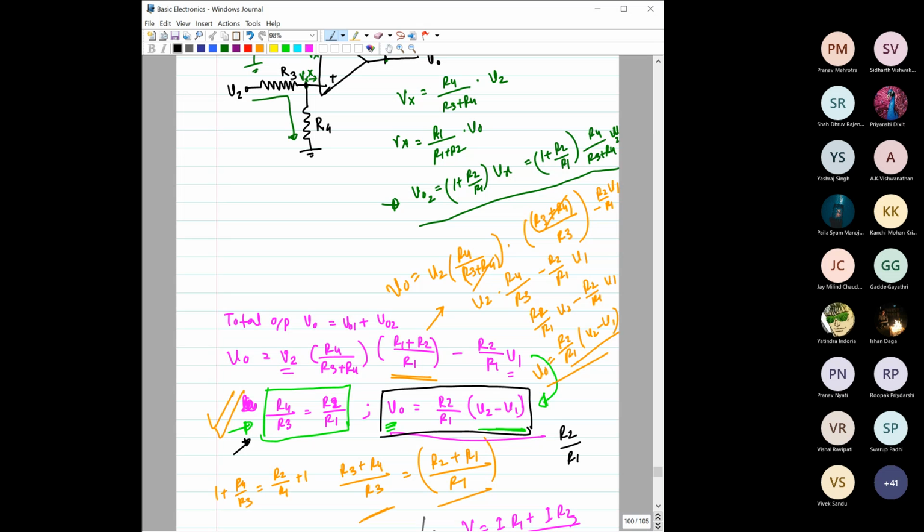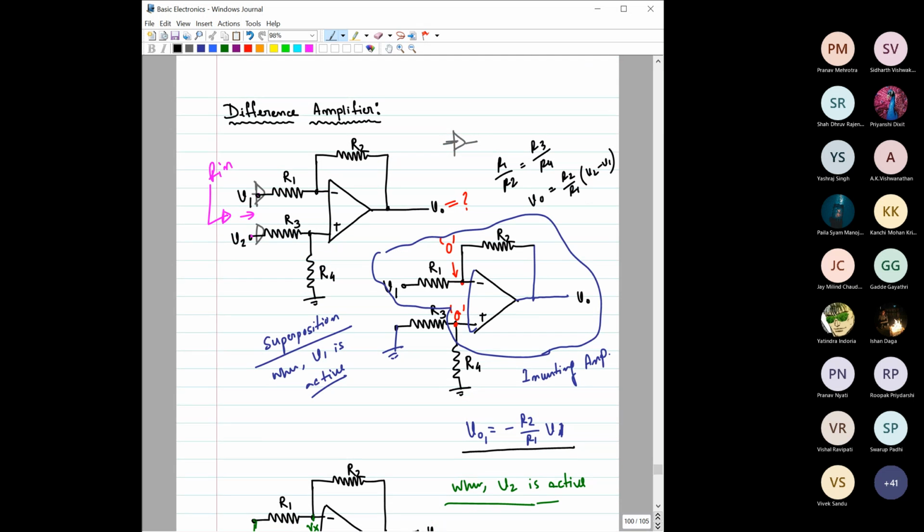So can we make some modification or improvement in this difference amplifier, so that by changing one resistance value only, we can vary the gain? And can we do something by which we get the input impedance, or input resistance, very high, almost infinite?